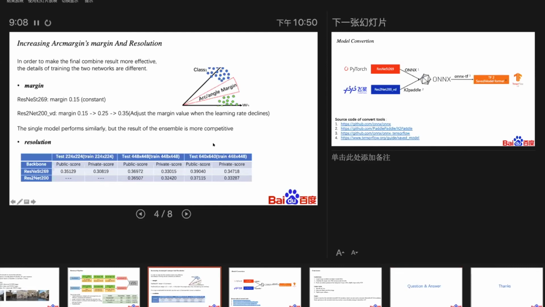For the ArcFace margin, if we choose 30 and 0.15, we get a normal result. But if we choose 0.35, we can improve the MAP by 1.1%.